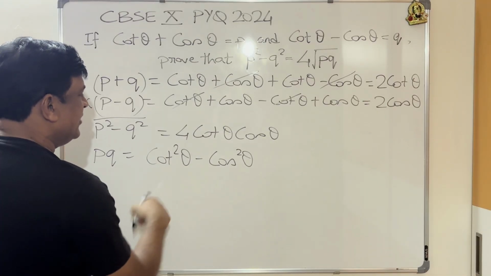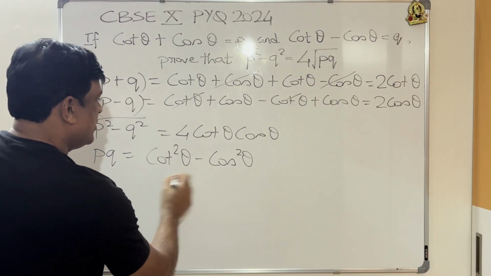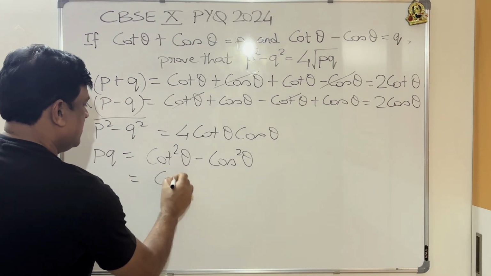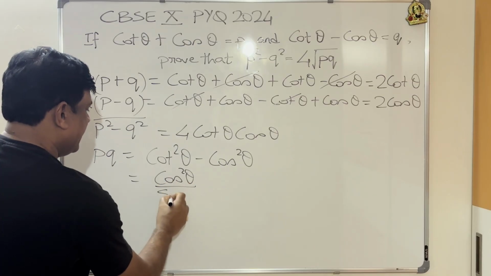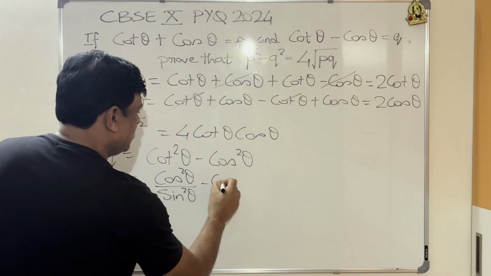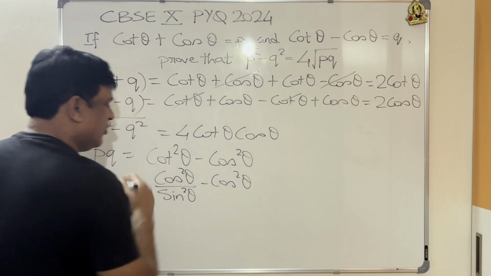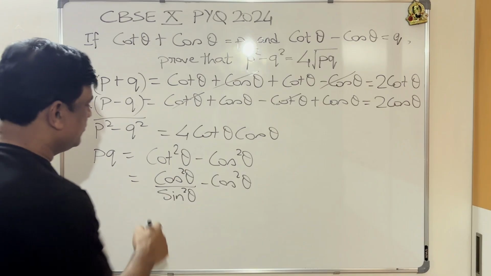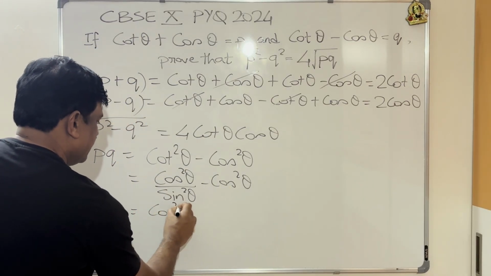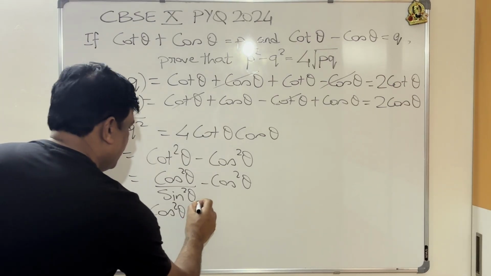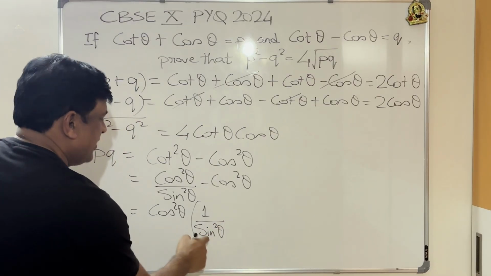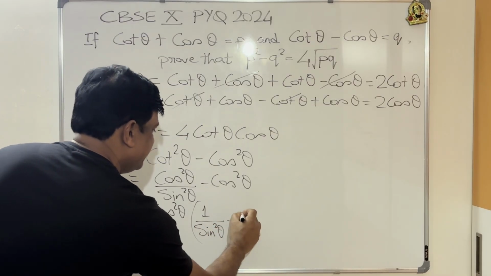First and foremost, this one I'm going to write as cos square theta divided by sin square theta, minus cos square theta. Okay. So what happens over here? If I take cos square theta common, what am I left with? I'm left with 1 by sin square theta minus 1.